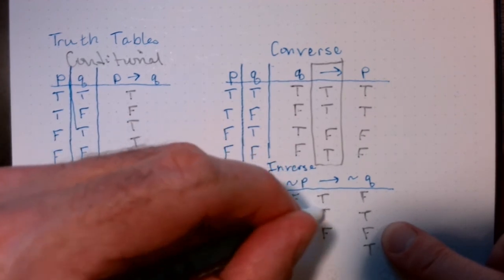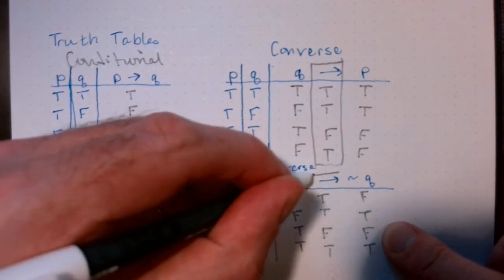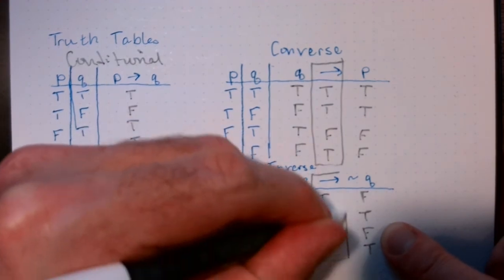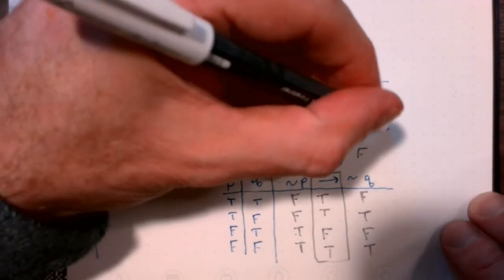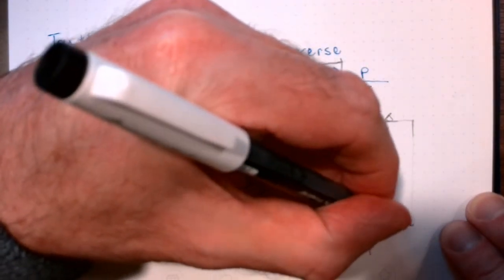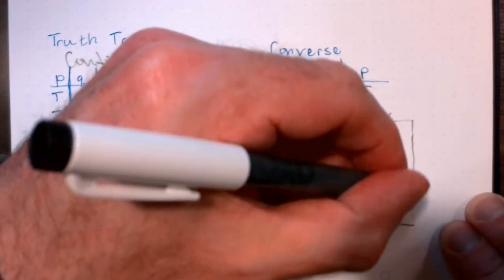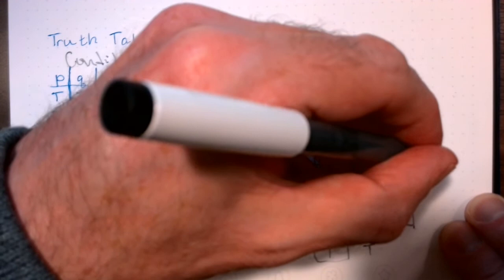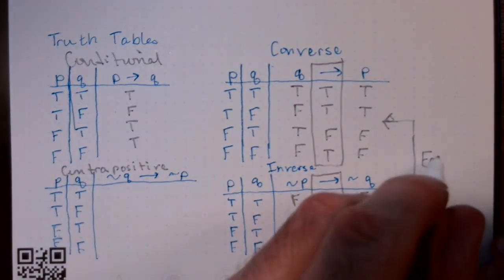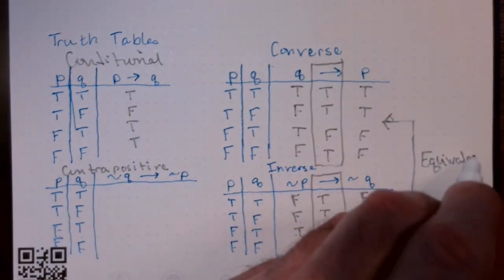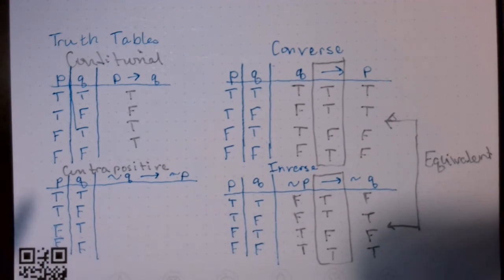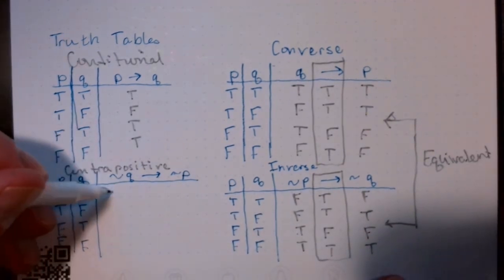Otherwise, it gives you a true. So this is the truth table for the inverse. And notice that we have the same truth table as the converse, and that tells us these are logically equivalent.